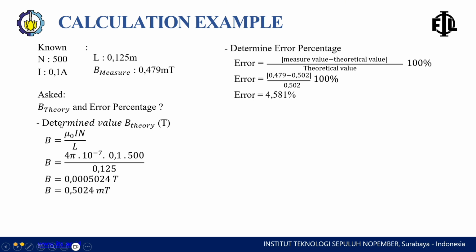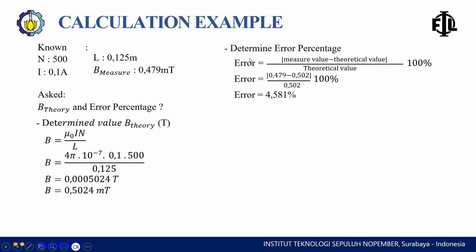To find the theoretical magnetic field, you can use the equation mu0 times current times number of turns divided by the length of the coil. Substituting the values, we will obtain a theoretical magnetic field of 0.5024 millitesla.